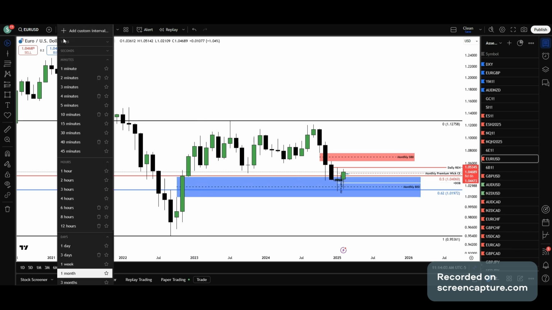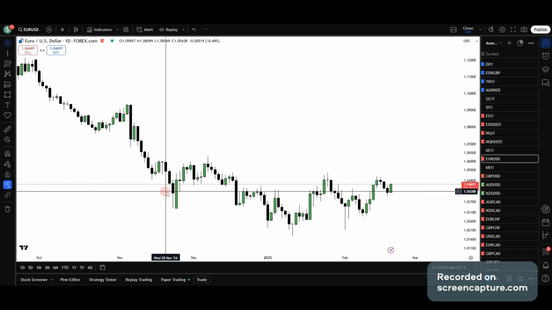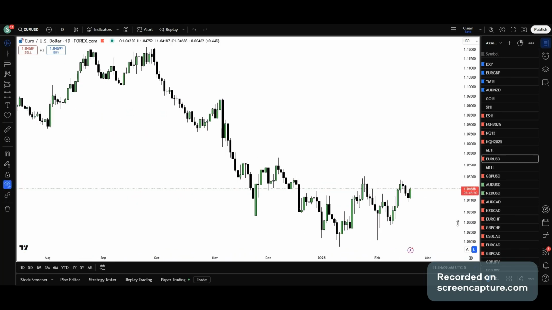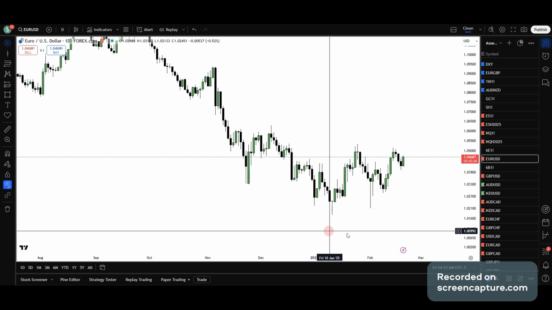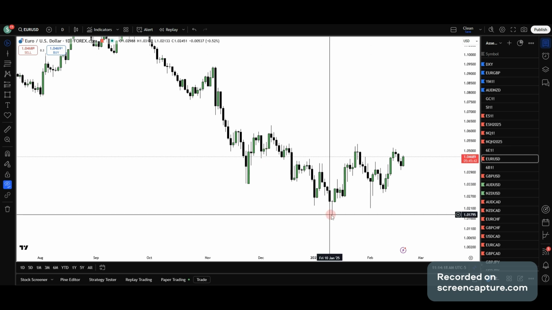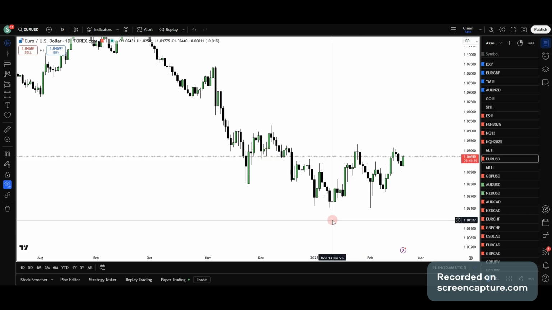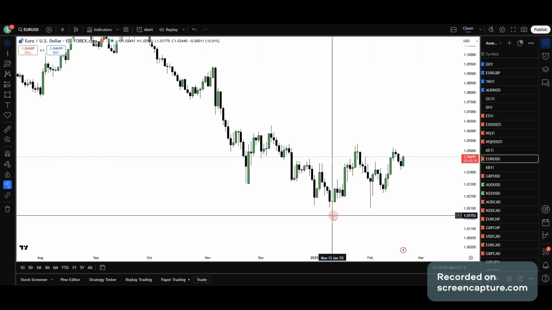Now I drop down to the daily, and I use the daily for my structure. If I'm using the monthly as my long-term bias, or keying off a monthly discount or premium array, in this case a discount array, I like to see how price responds to that array.